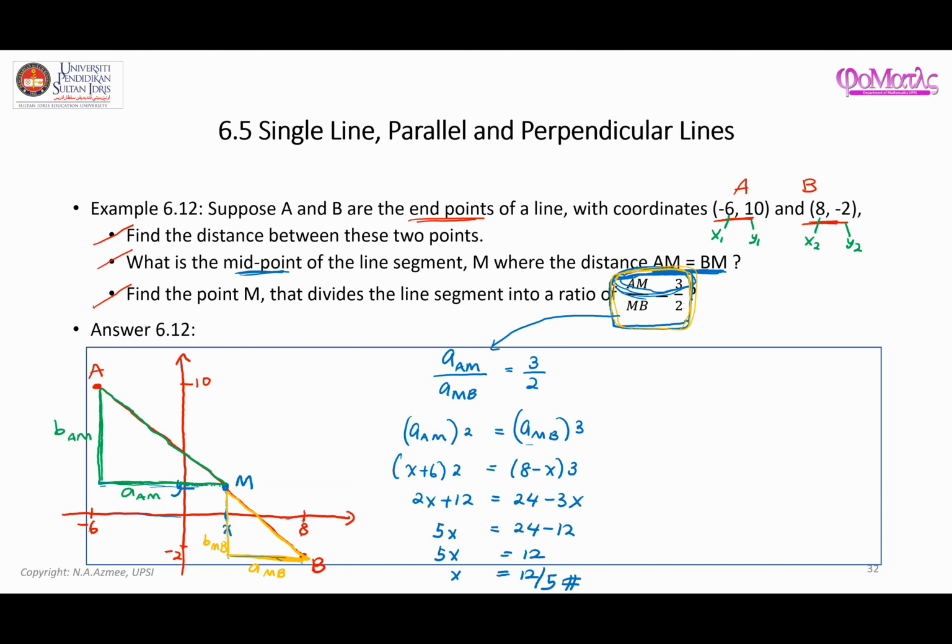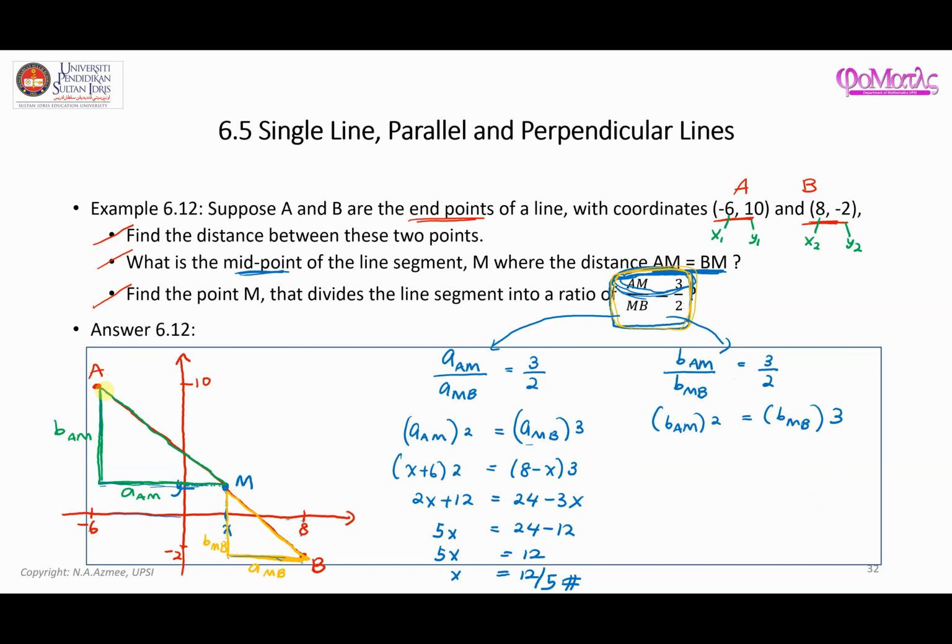And so this is the same as having B for AM times 2 is equal to B for MB times 3. So what is the length of B for AM? As you can see, it is equal to 10 minus Y. The distance here is 10 minus Y. So I'm going to write down the answer here, 10 minus Y times 2.